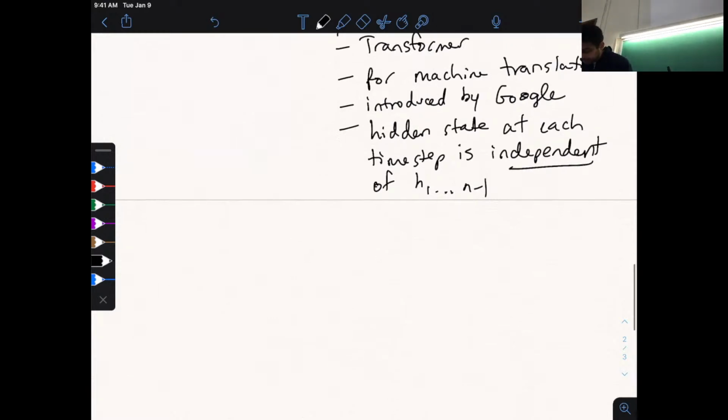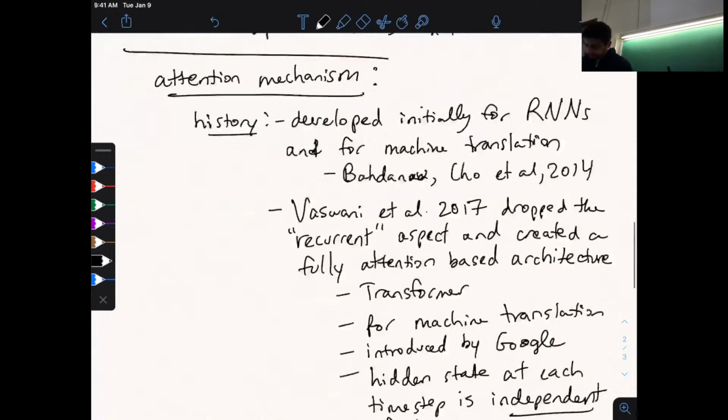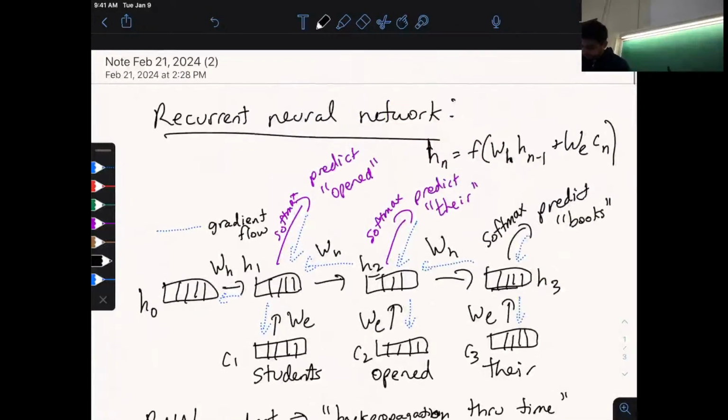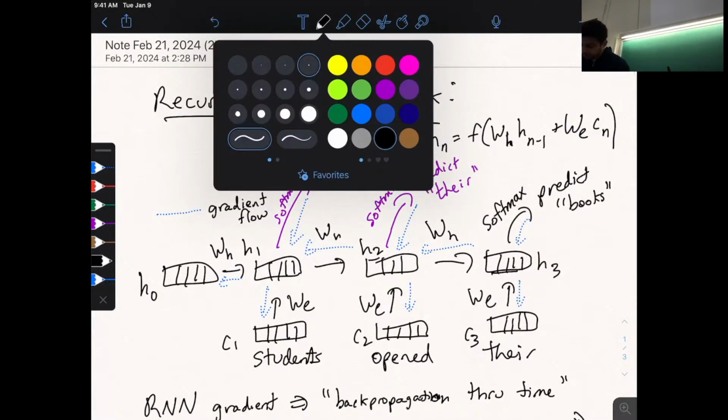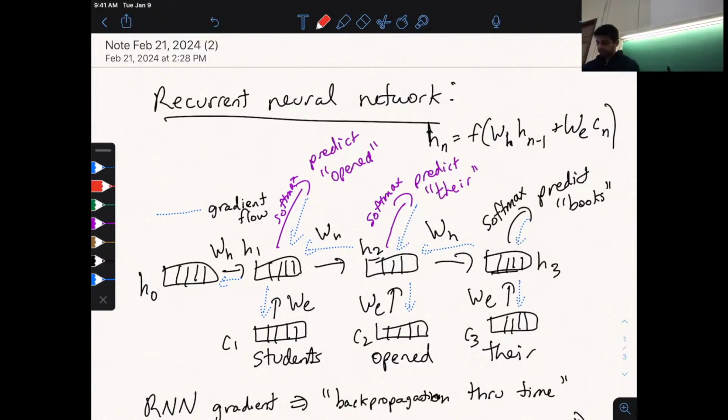So if we get back to our original architecture here, let me just show it up here. What we want to do is get rid of these dependencies here.